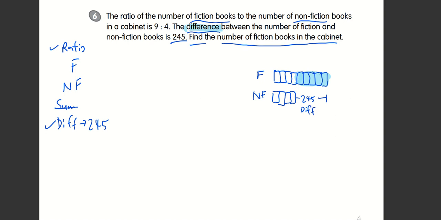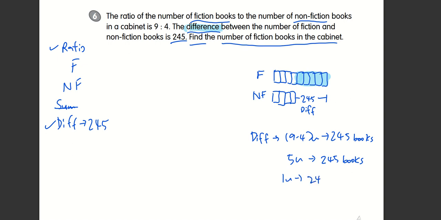Based on this, you'll be able to identify that the difference that we talked about is 9 units minus 4 units. That's 245 books. So 5 units, that's 245 books. So I can find 1 unit by doing the division.